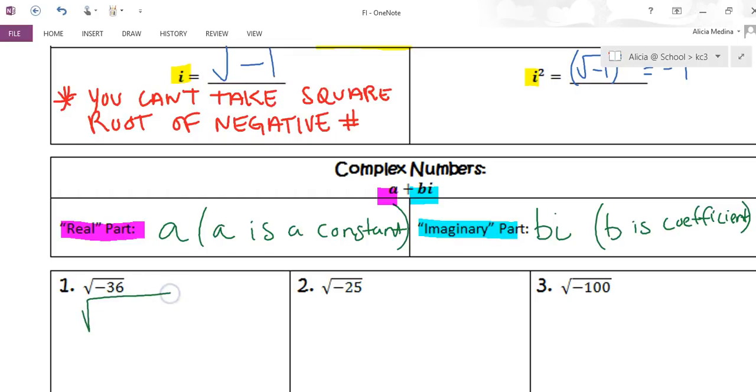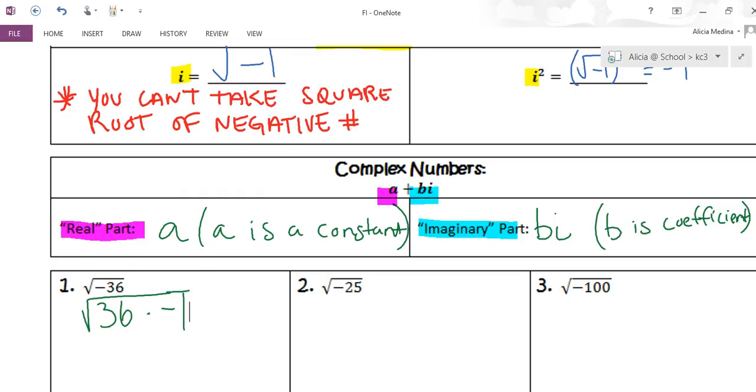I'm going to rewrite this and remove that negative. -36 is the same thing as saying 36 times a -1. When I have that negative, we have to remove it and replace it with an i. So if you need to take the square root of 36 in your calculator, please do that.